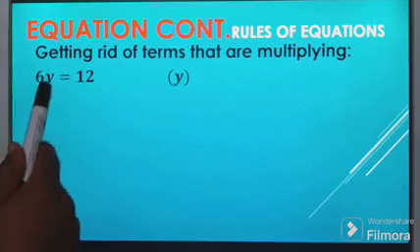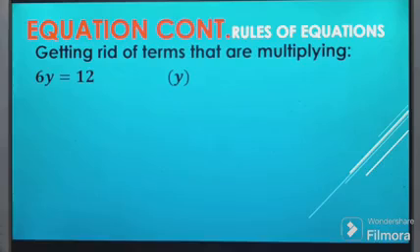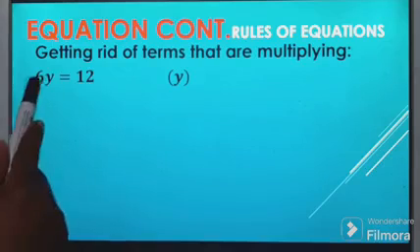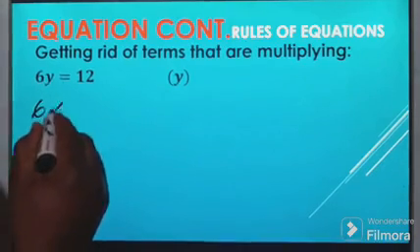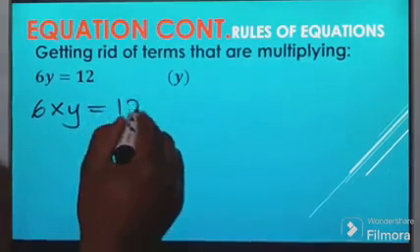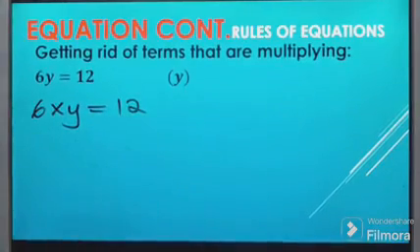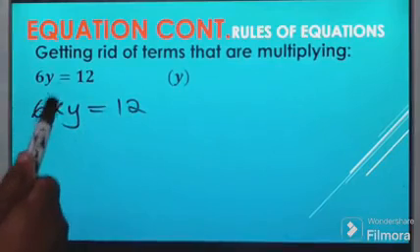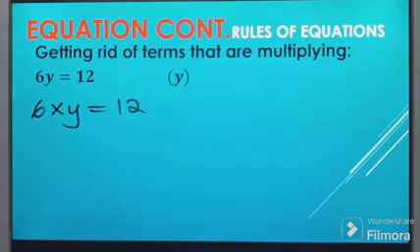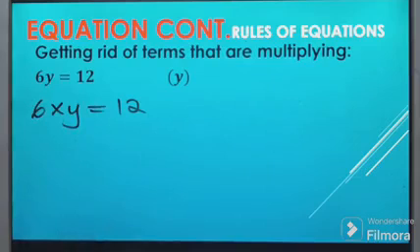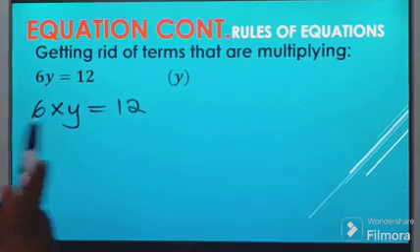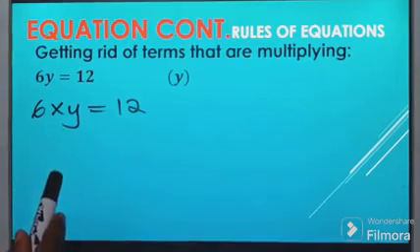In our case here, we want to get rid of 6. We know that the 6 and the y are multiplying. 6 times y is equal to 12. 6 and y are multiplying. How do we make sure we are left with y?